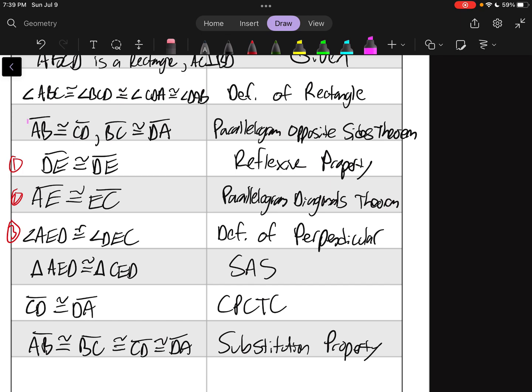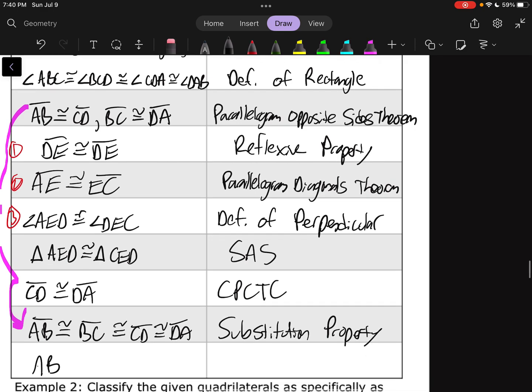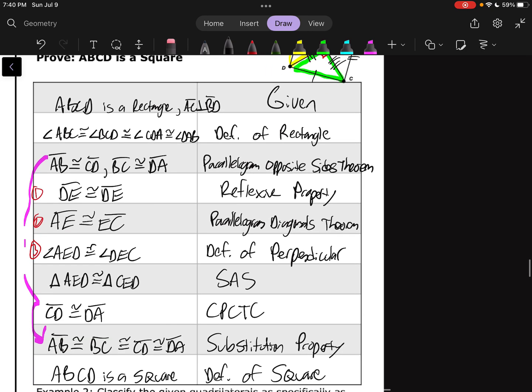That was kind of taking this original statement and that one to get that. And that's going to mean it's a square. ABCD is a square according to the definition. Very cool.